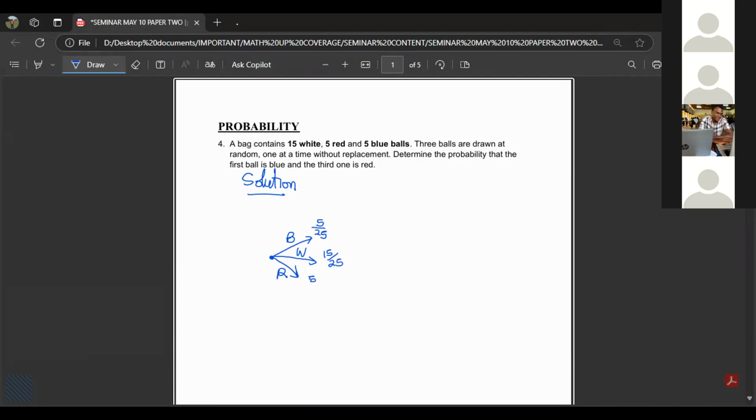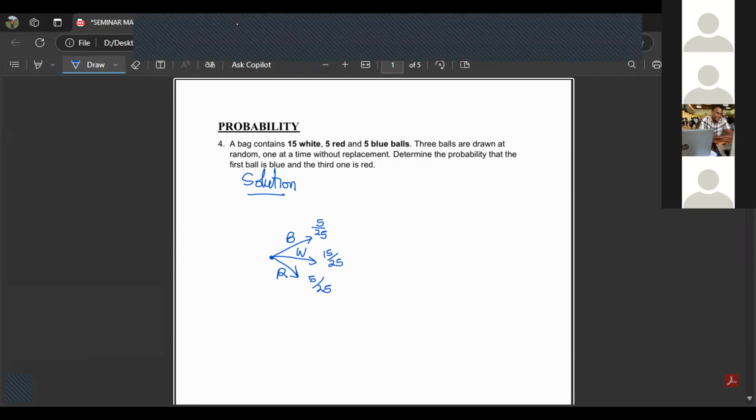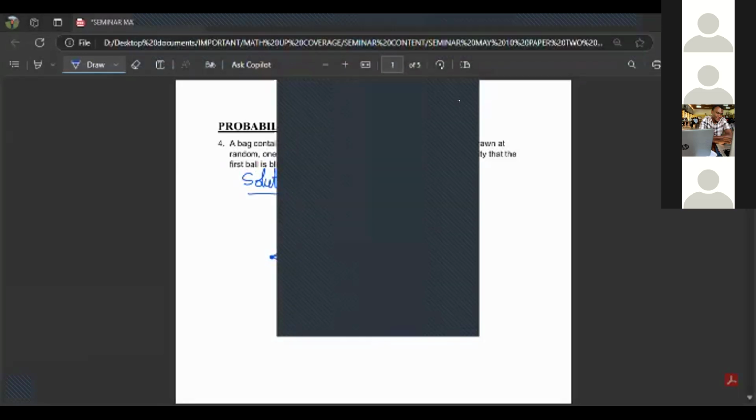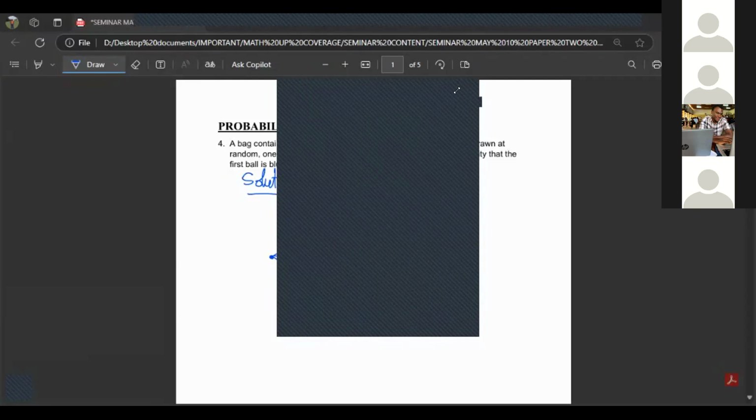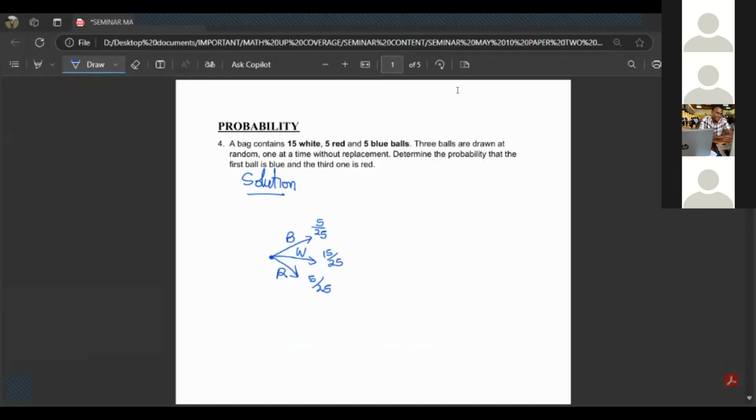But then it's going to be a bit messy, so I'm going to take only the chances for starting with blue. So let me erase this so that I can do that.